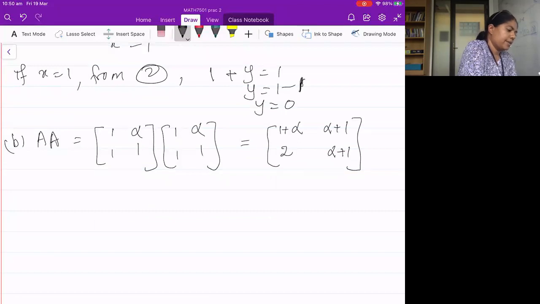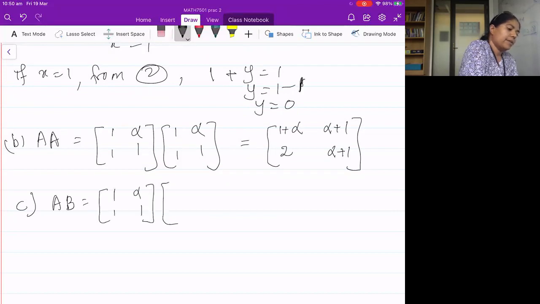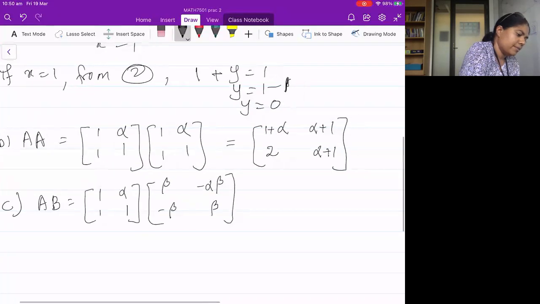And the next one is A times B, which is [1, alpha; 1, 1], and B is beta times [1, -1]. You may wish to factorize this one, that is take out beta.